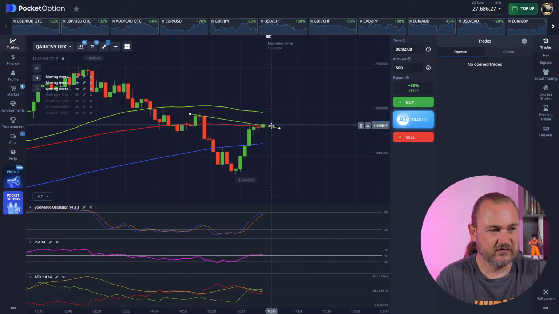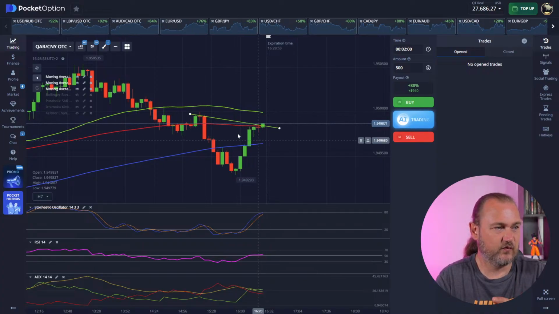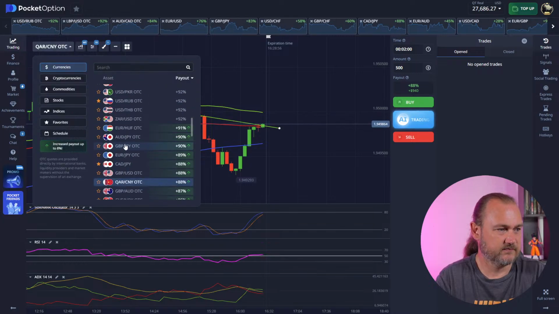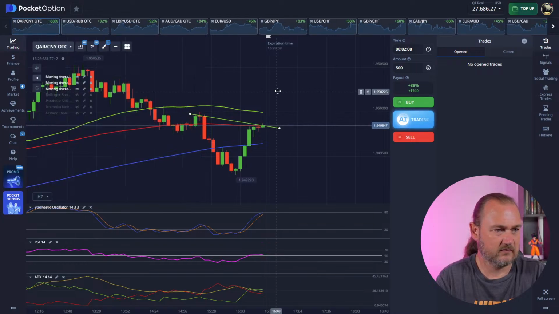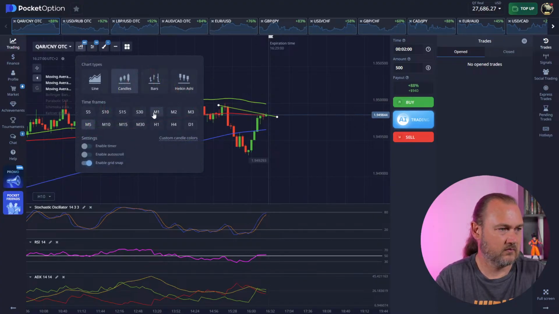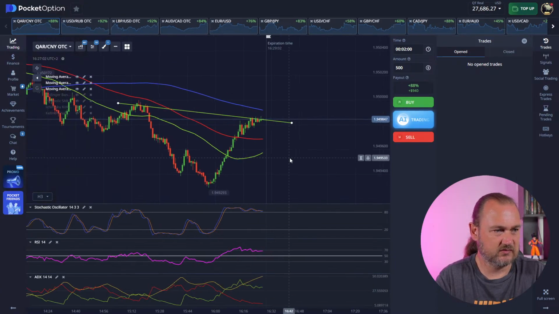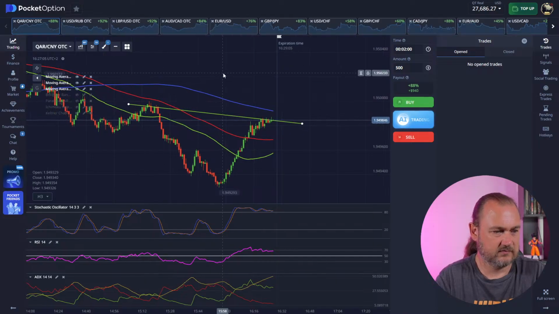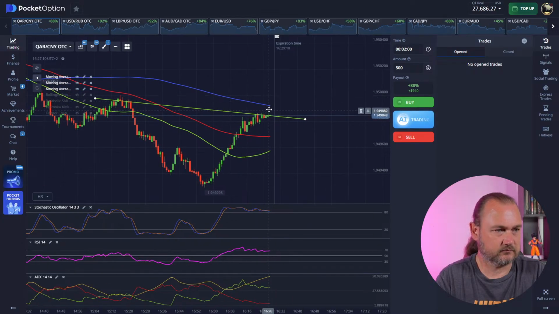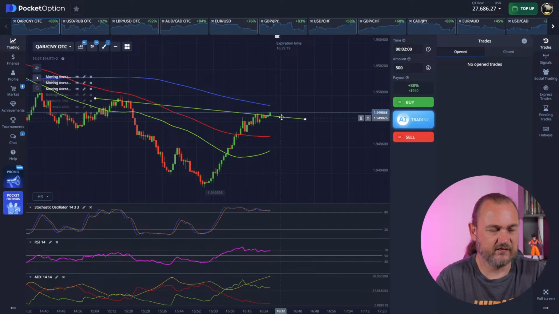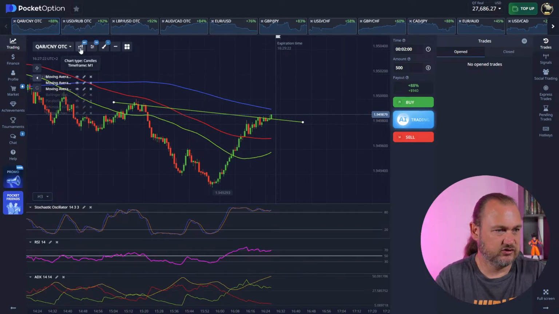We do have some time left on this 5-minute candle, but there is a decent chance that we're going to see this candle come down before the close. Let's see what the 1 minute looks like. Yeah. What's likely going to happen is we're going to see price test the 200 moving average and then turn downwards over the next 2 or 3 minutes. This should play out by the time the 5-minute candle closes. Should.